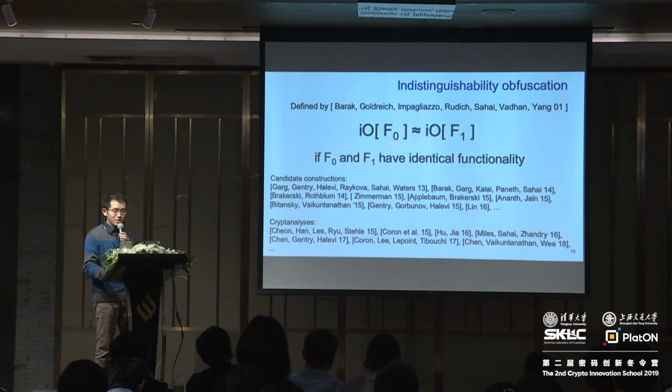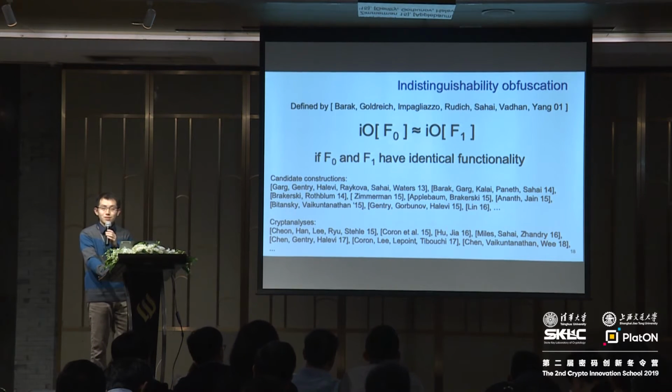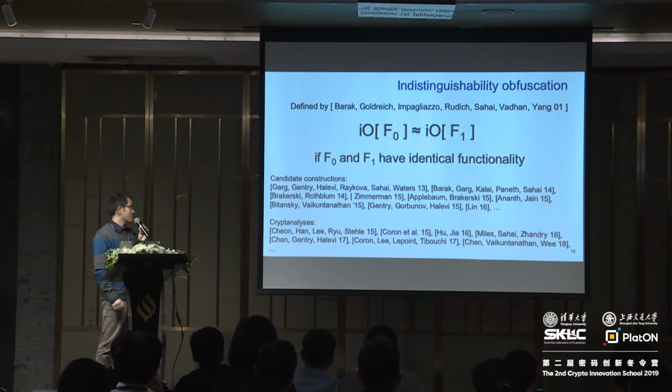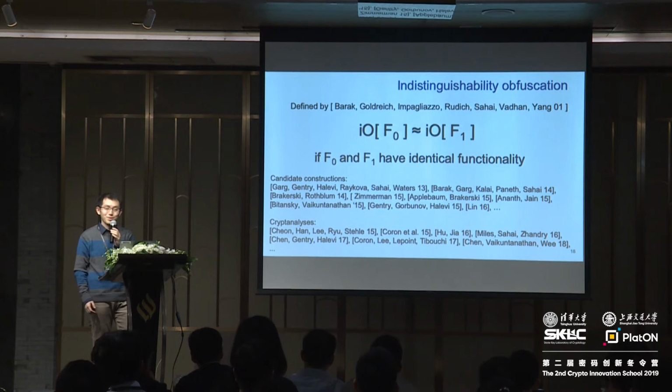Right now it's already 6 years since the first candidate I/O, and there have been many construction proposals and many attacks on I/O. The current status is that there's still no indistinguishability obfuscation from standard assumptions like LWE, or even, like Chris talked about in the morning, from even crazy assumptions about LWE.